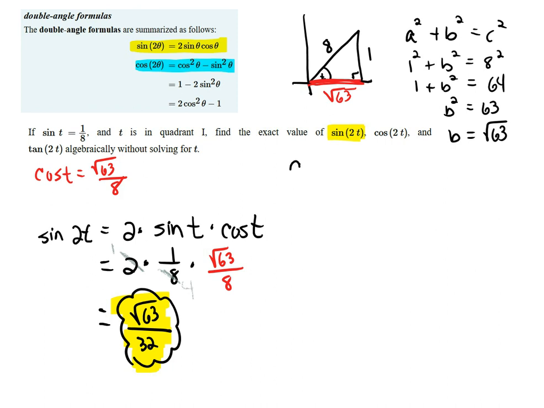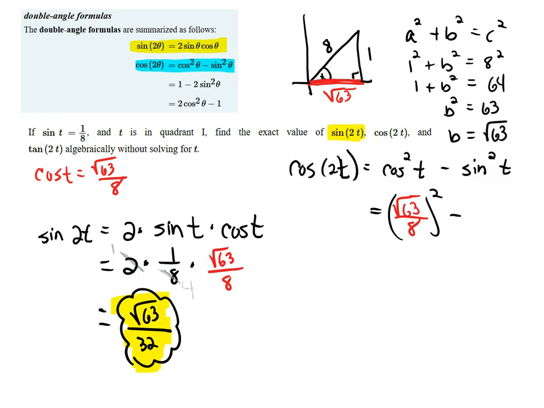The cosine of 2t is going to equal the cosine squared of t minus the sine squared of t, and the cosine is the square root of 63 over 8, and we're going to square that, minus the sine, which was 1/8, squared.